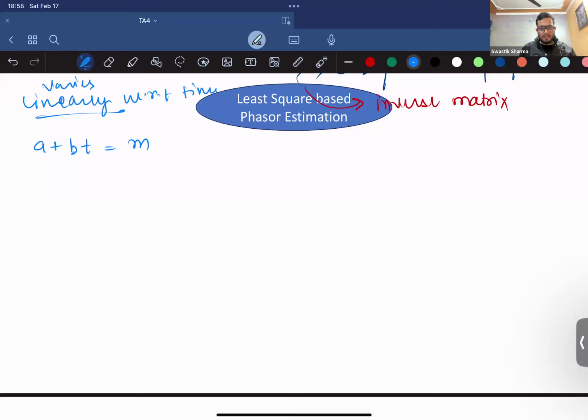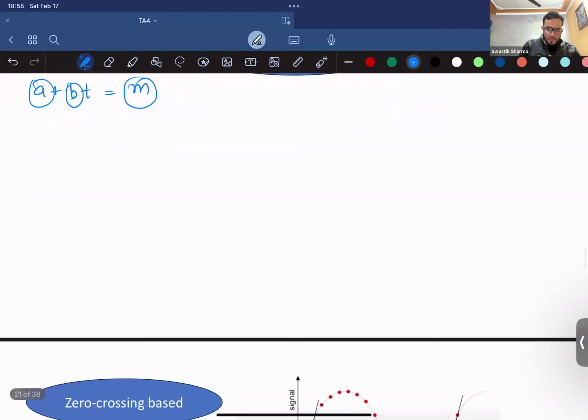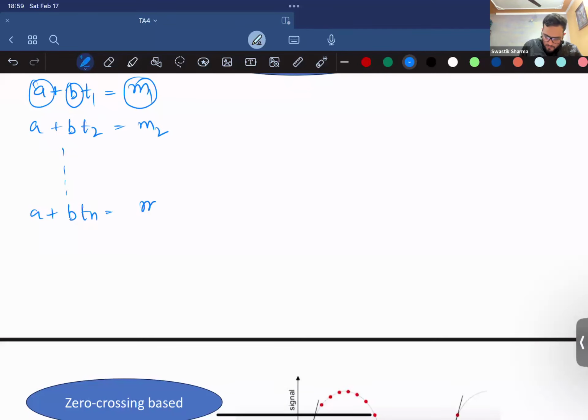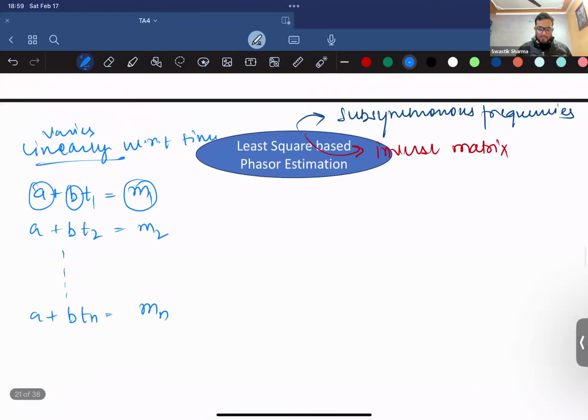So I can write it something like this, where A and B are what I'm trying to estimate, while M is the measured value. Let's say I do it many times: for T1 it comes out to be M1, for T2 it comes out to be M2, and so on, for N times it comes out to be Mn. Since you got all of these values, you are able to estimate them as well.